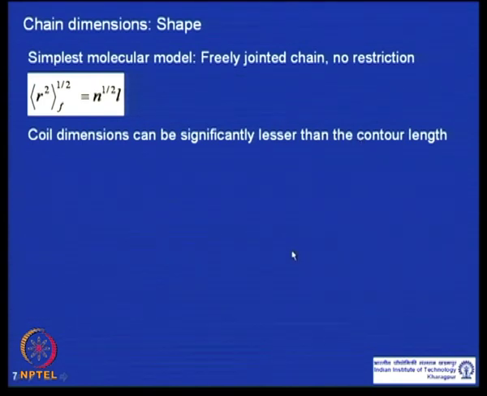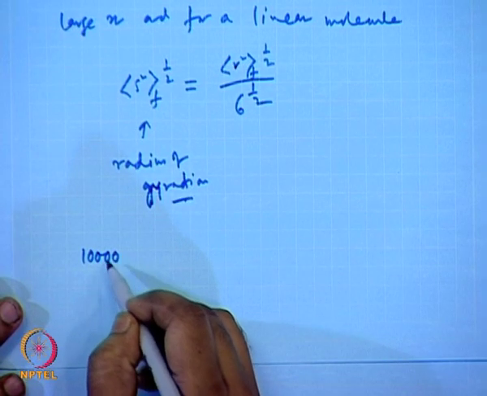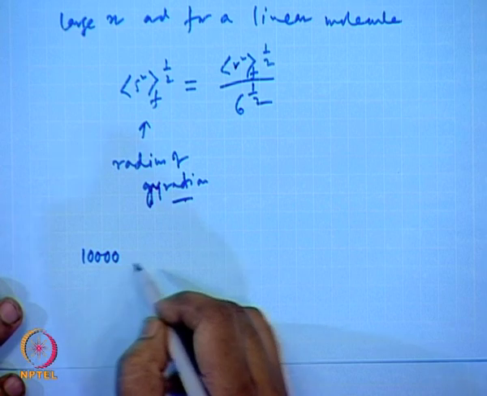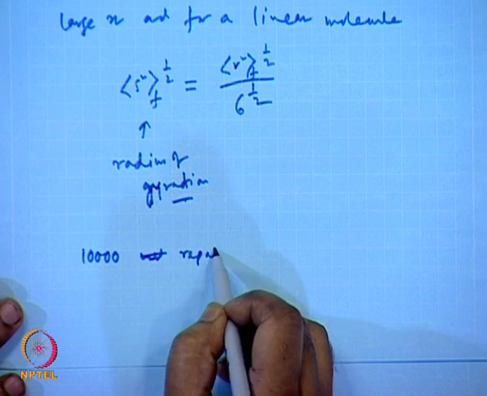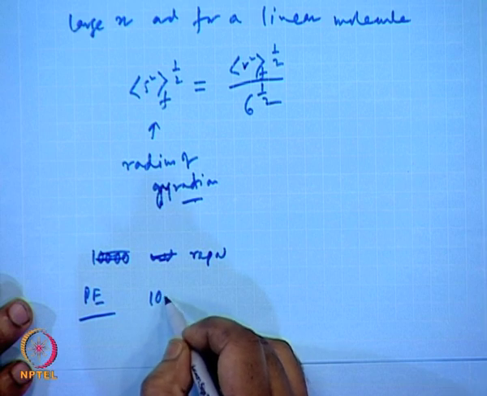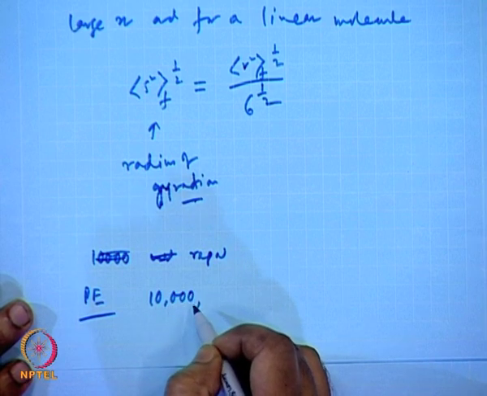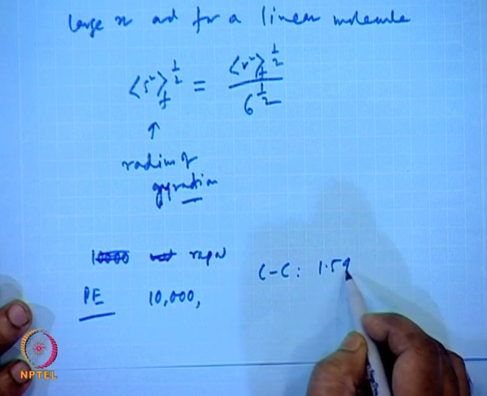If you have a molecule of, say, 10,000 repeating units, say a polyethylene molecule with 10,000 repeating units, each carbon bond length is 1.54 Angstrom.